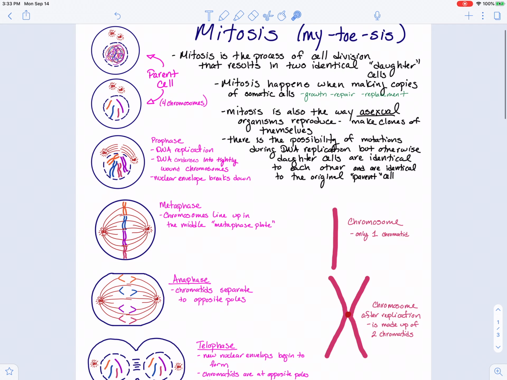We have 46 chromosomes. Those 46 chromosomes replicate the DNA, so we get 46 of these types of chromosomes, ones that are made up of 2 chromatids each. Those 46 chromosomes all line up on the metaphase plate. Then we get 46 of these splitting to opposite poles.